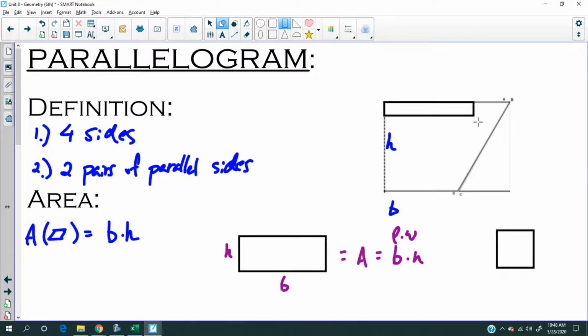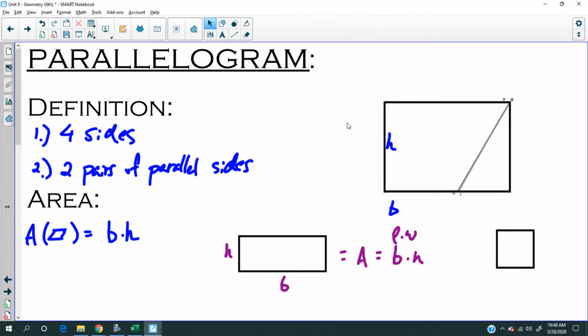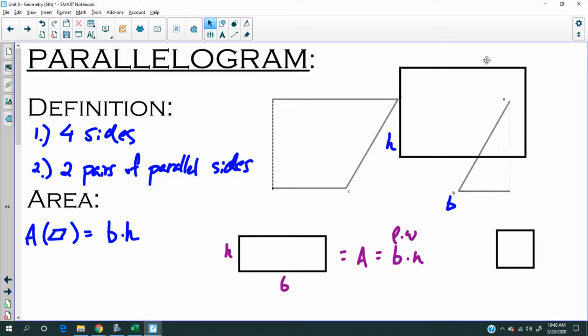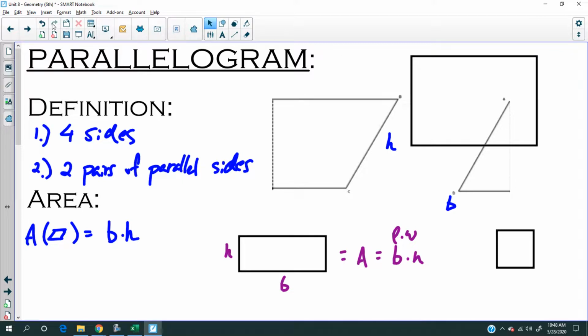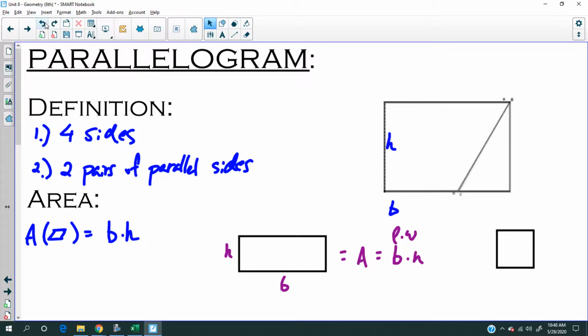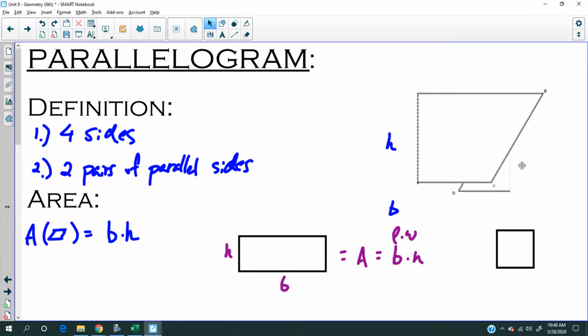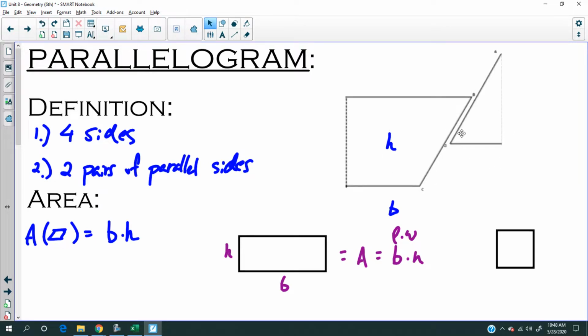Now I have a rectangle, right? So again, base times height. That's it. Base times height. You get a rectangle. And also, if you are willing to move the parts around, you will get a parallelogram. Okay, so that's the lesson.